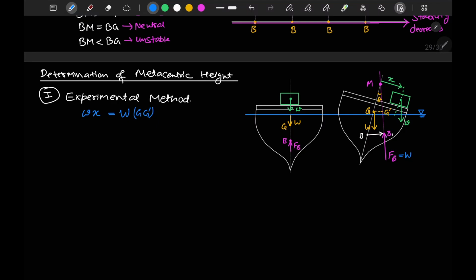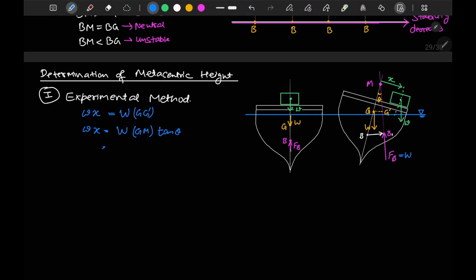Due to this buoyant force, your moment will be zero about point M, because it is passing through point M only. So I can write w times x is equal to W times GG dash. Taking this triangle GG dash M, GG dash is equal to GM times tan theta.